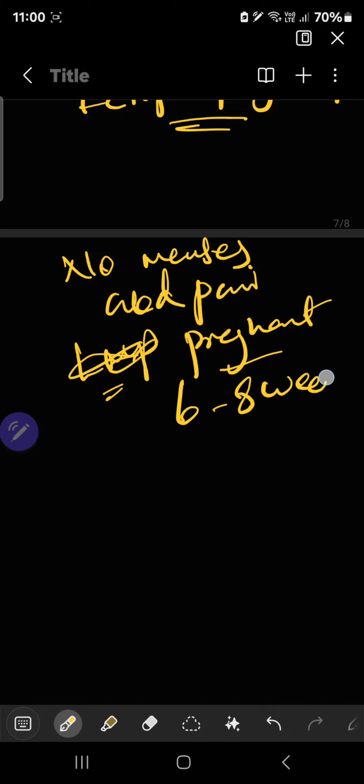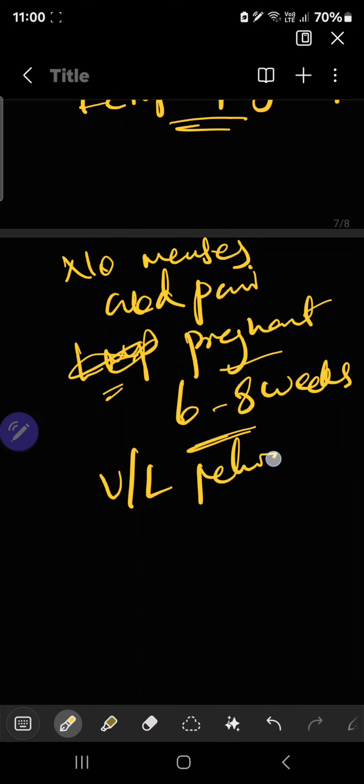The patient will be having no menses, presenting with abdominal pain, and the patient will be 6 to 8 weeks pregnant. So there will be unilateral pelvic pain.